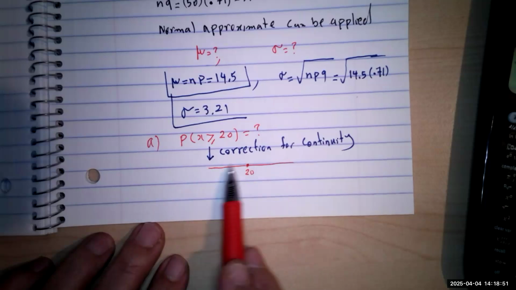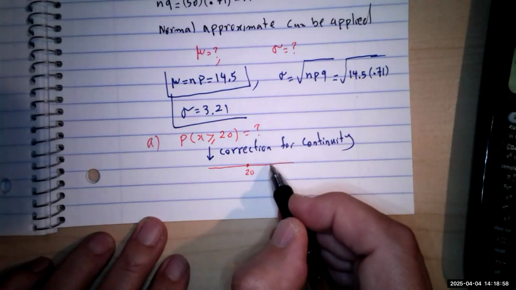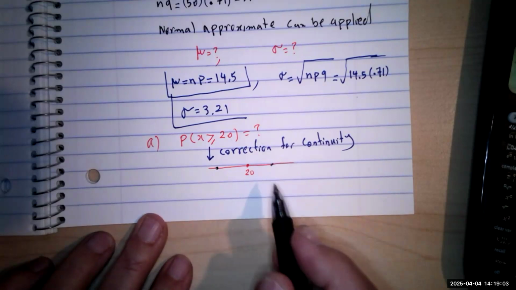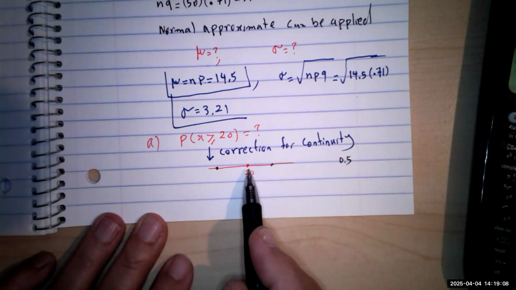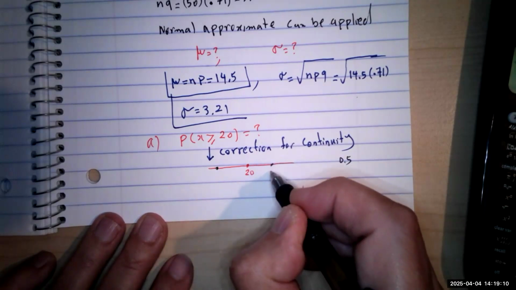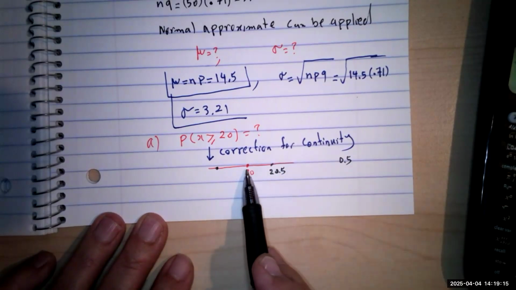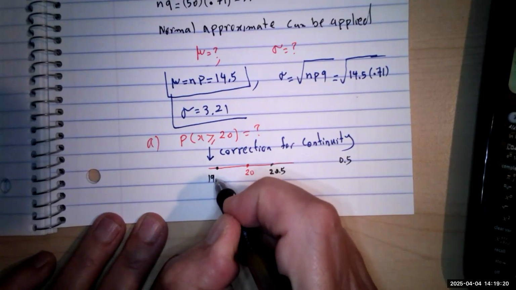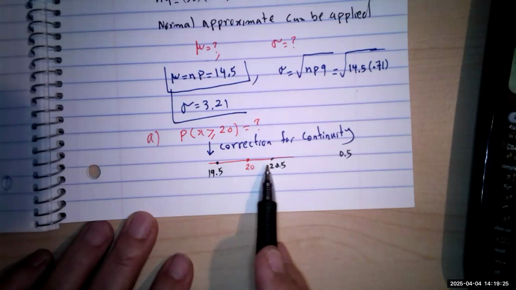There are many intervals that contain 20, but the one that we pick goes just 0.5 to the right and 0.5 to the left. 0.5 to the right gives you 20.5, and 0.5 to the left, you reduce it, gives you 19.5. Now 20 is in this interval.